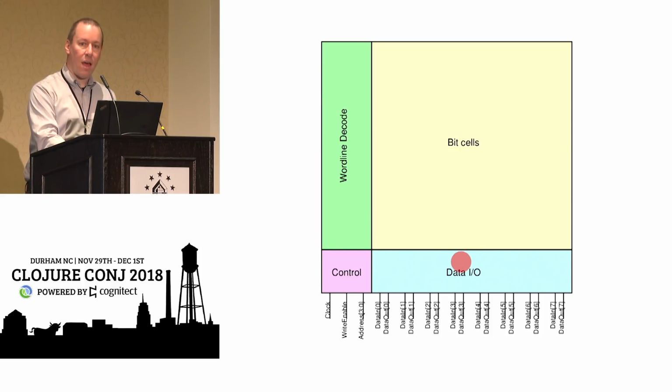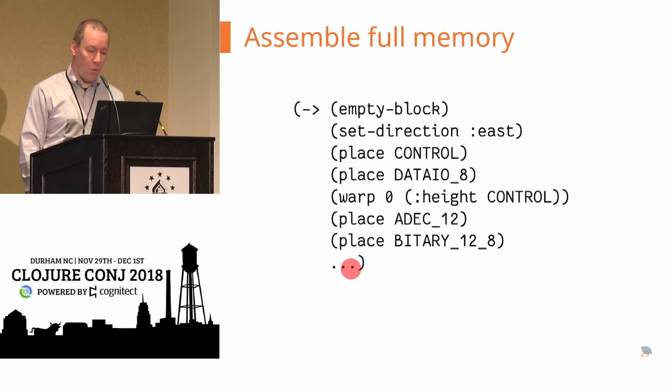There's a data I/O section, and that's going to be what gets the data in and out of those bit cells. There's this word line decoder section, and that word line decoder is what selects one of the 12 rows of the memory. And there's a control section here with some clock generation circuits to get all the signals to happen in the right order.